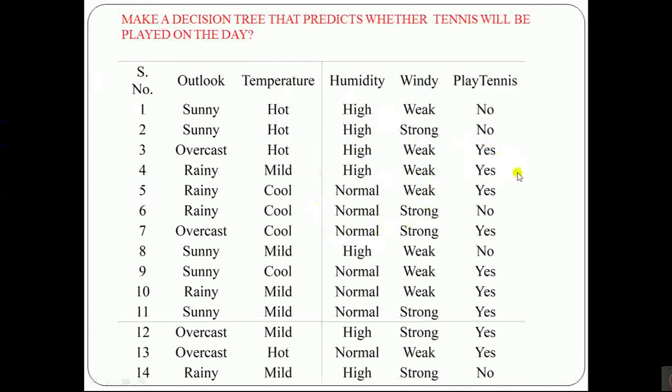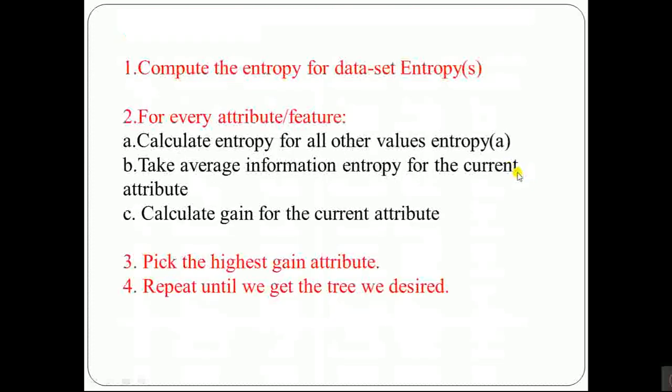Now let us discuss how to train a machine with the help of the decision tree algorithm. So what is the procedure? First, compute the entropy for the data set, that is entropy of S. Then for every attribute or feature, first calculate the entropy for all its values.